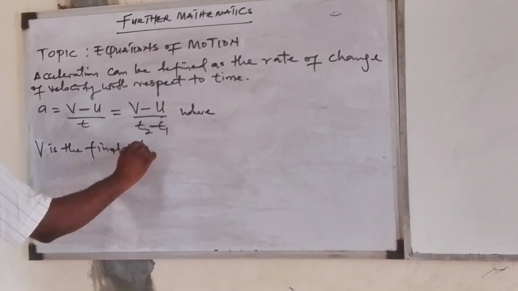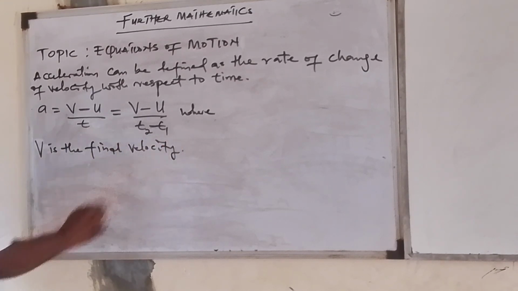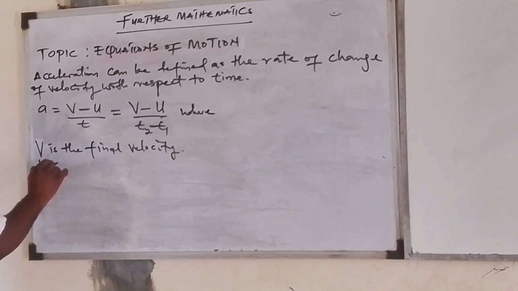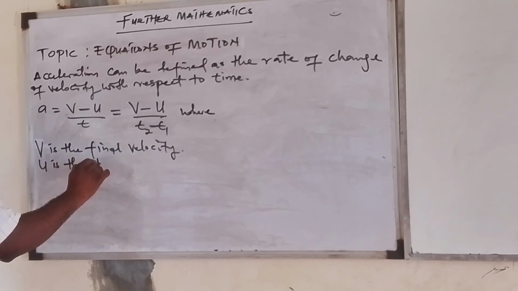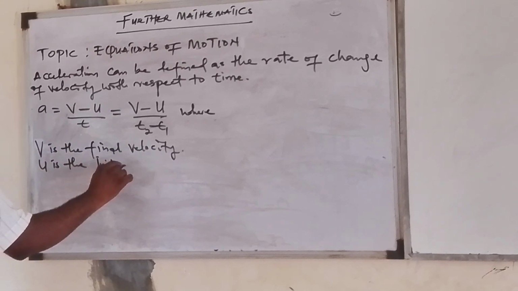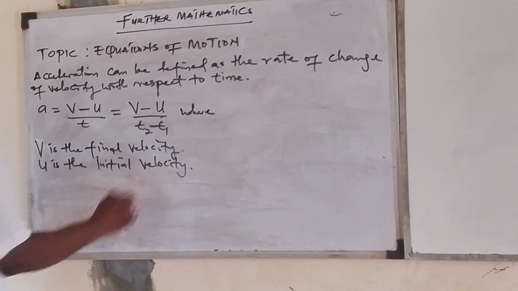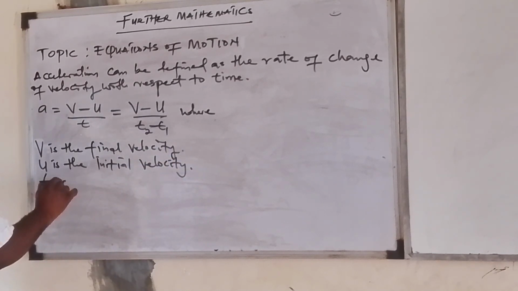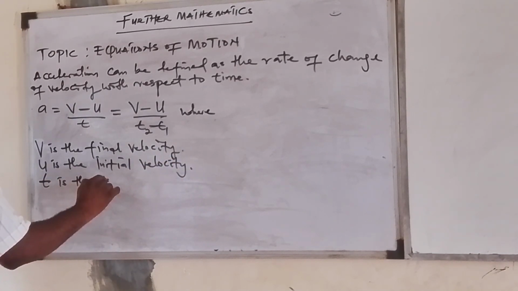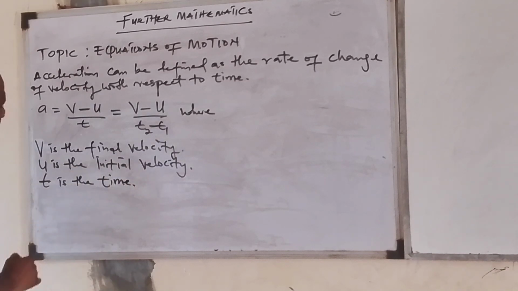Yes, v is the final velocity. u is the initial velocity, and t is the time.